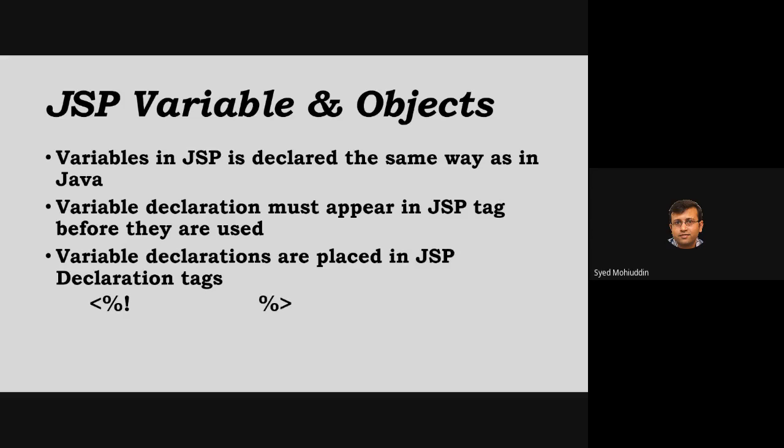Usually, and it is not a hard and fast rule, the variables are declared in the declaration tag. We talked about this declaration tag in the last class. It opens with angle bracket, percentage and the exclamation mark.